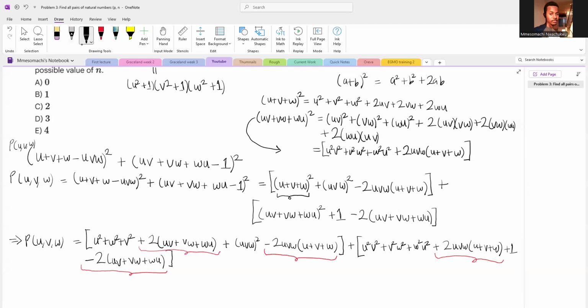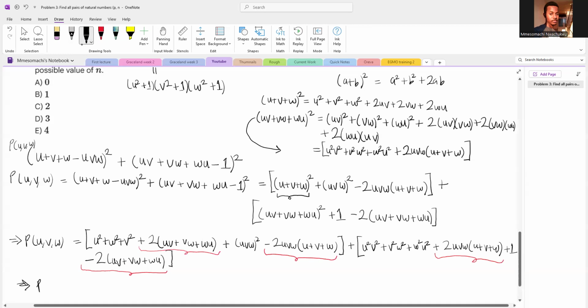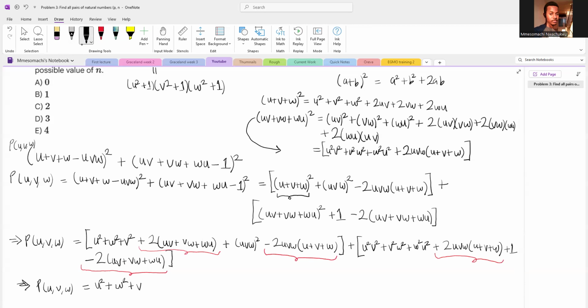So in essence, the expression P(U, V, W) becomes, I can remove those big square brackets, U squared plus V squared, and then plus U squared V squared W squared, and then plus U squared V squared plus V squared W squared plus W squared U squared, and then plus 1.